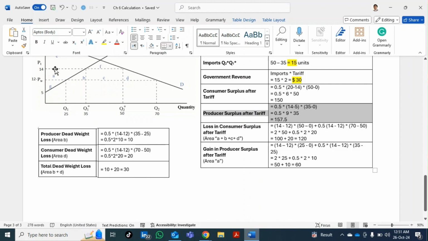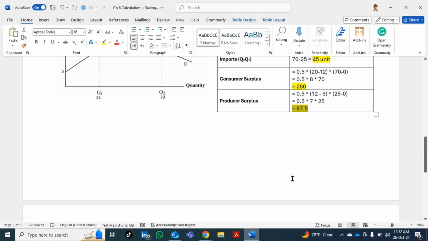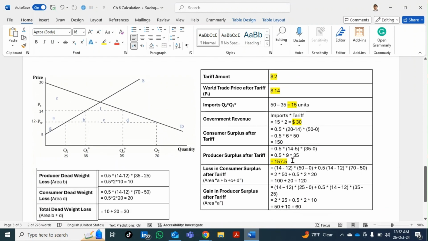Because this is a triangle, the overall value will be multiplied by 0.5. So 0.5 multiplied by 14 minus 5, where 14 is the maximum price and 5 is the minimum price, multiplied by 35, the maximum unit, minus 0. You will get 0.5 multiplied by 9 multiplied by 35, so the answer is 175. Now you can see the producer surplus has increased. Before the tariff, the producer surplus was 85, and after the tariff, the producer surplus is 175.